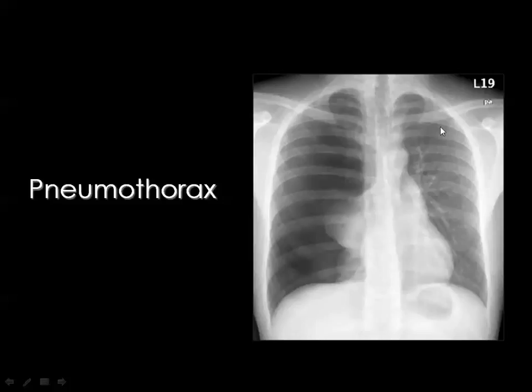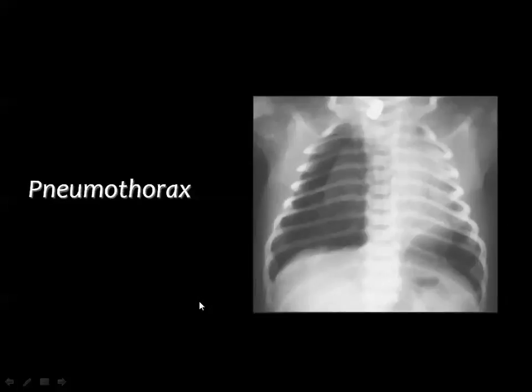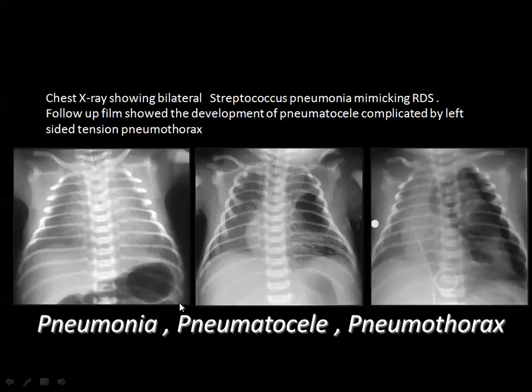And here you see the normal pulmonary vessels, and here you do not see any vascular markings. This is just a hyper-translucent hemithorax with the collapsed lung towards the hilum. And here is another example. This is the partially collapsed lung, and this is the pleural cavity filled with air. There is some displacement of the heart to the opposite side.